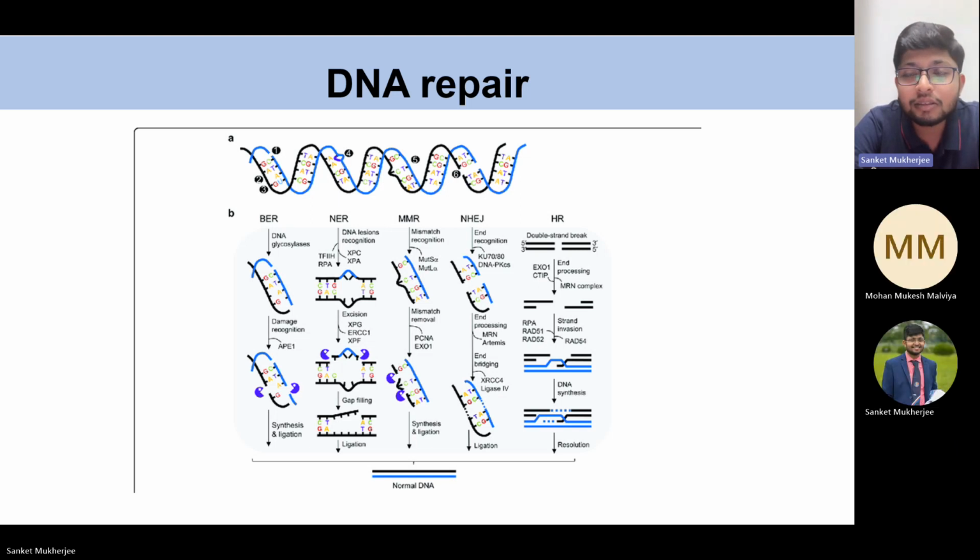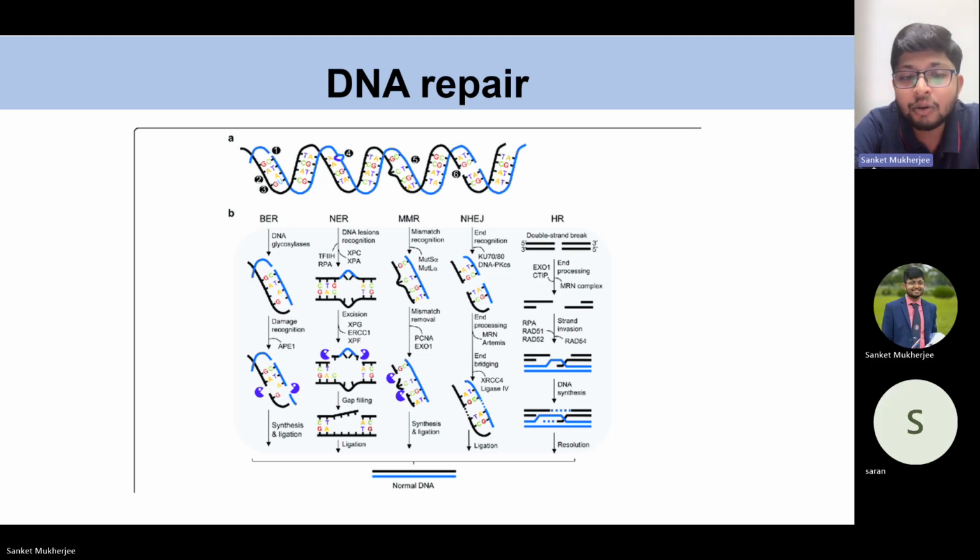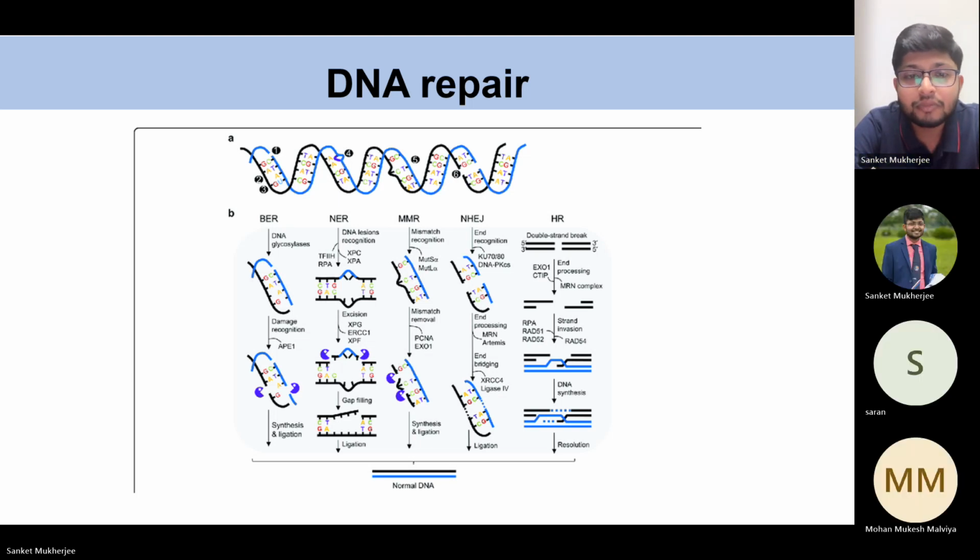In that case, this kind of damage is repaired using nucleotide excision. So the problematic bases are excised out of the DNA, and then they are ligated later, and we get the correct DNA in the end. Another kind of DNA damage repair could be mismatch repair. So we have seen that as well.